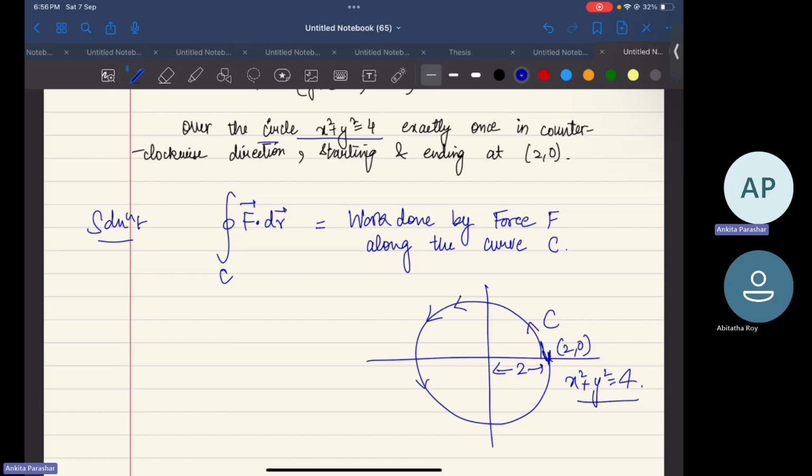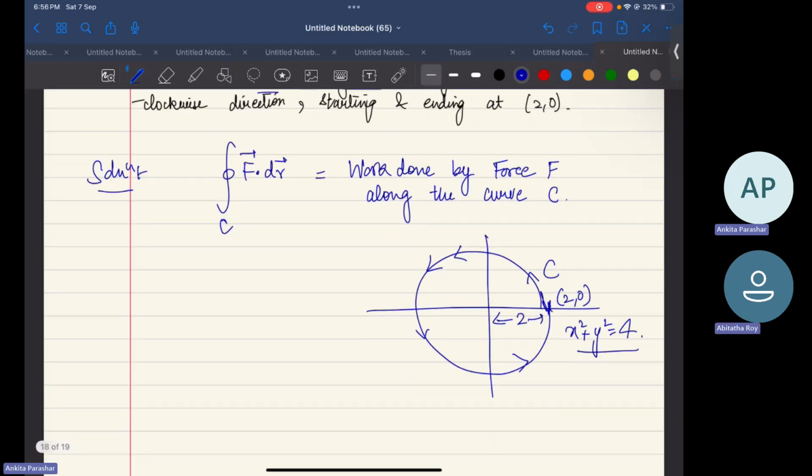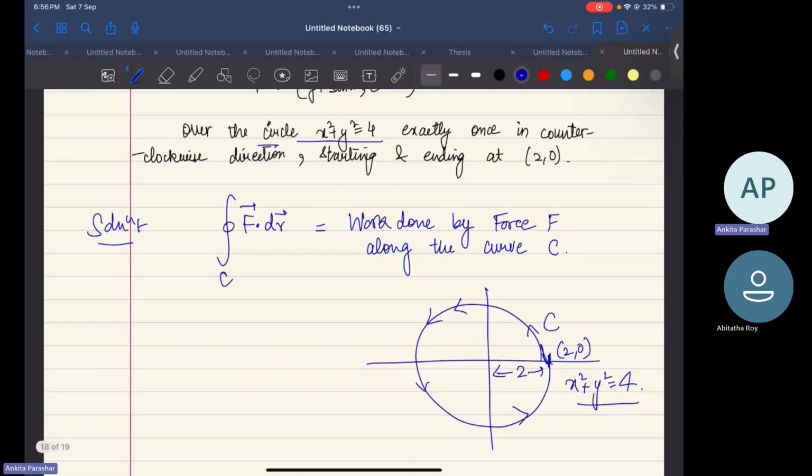Counterclockwise means you have to parameterize this way. It's a standard way to parameterize it. But if you want to use Green's theorem, then your region would be entirely this.